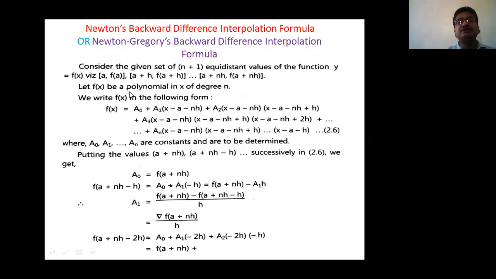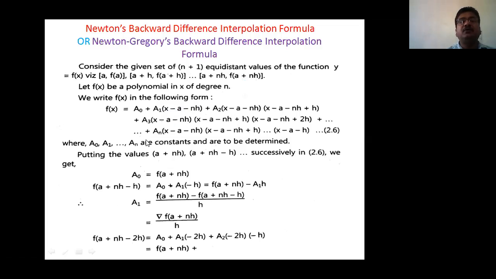In the previous proof of Newton's forward difference interpolation formula, the coefficient of a1 is x minus the first point. Here it is x minus the last point, a plus nh, so write x minus a plus nh in brackets, or x minus a minus nh. In the Newton backward interpolation formula, the last point is important.